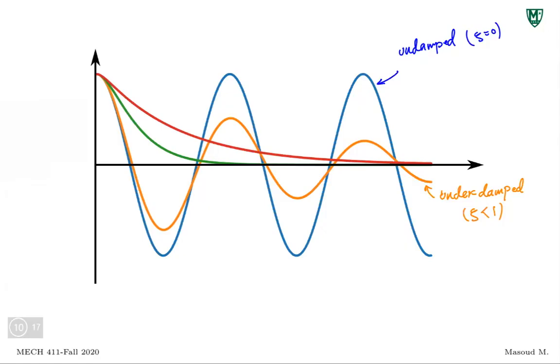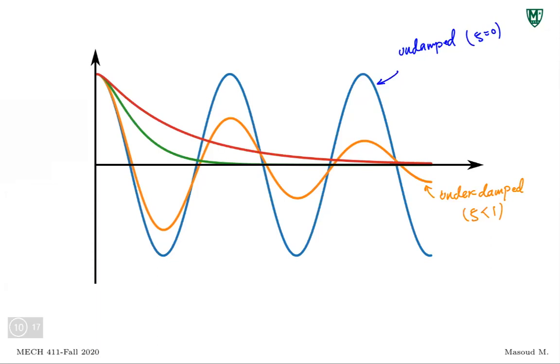We have a damper. The motion is slowing down. Now, looking at the green one and the red one, they both approach 0. One of them is approaching 0 faster than the other one. All right? Now, the one that is approaching 0 faster is the critically damped system. Right?